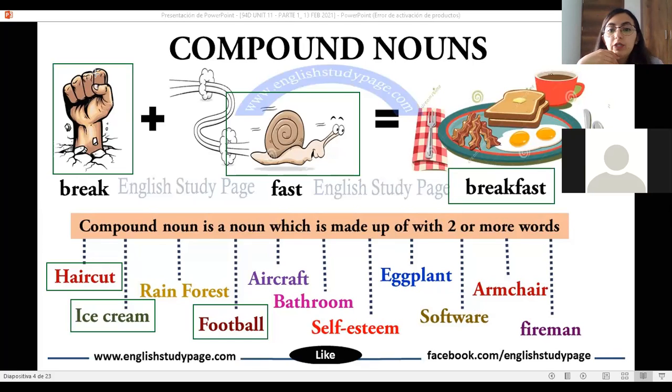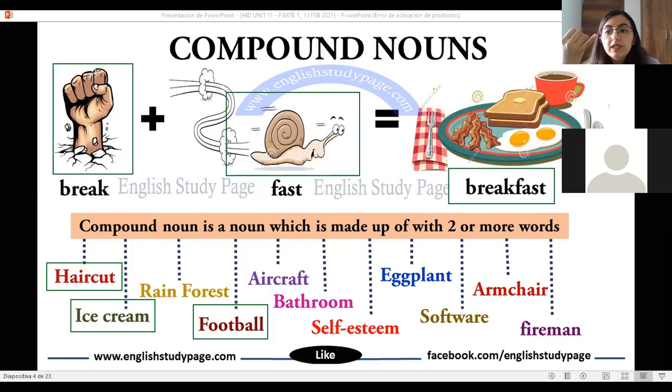For example, when you talked about your in-laws family, ¿sí? Cuando nosotros nos referimos a nuestra familia política, por ejemplo, I'm talking about cuñados, yernos, suegros, etcétera, etcétera. Sí, esas palabritas, pues en inglés son formadas por 3 otras palabras.